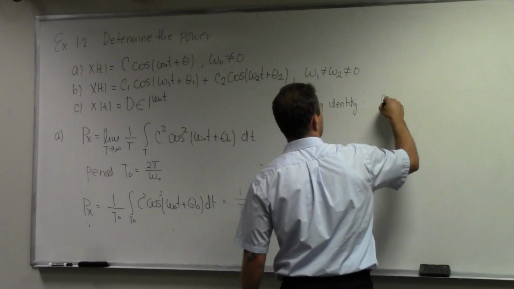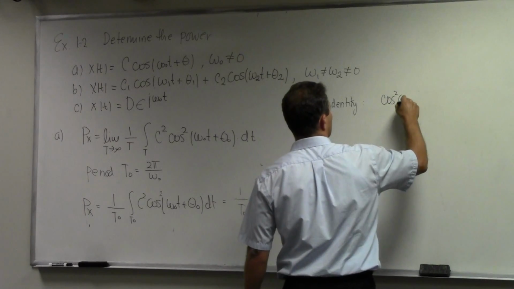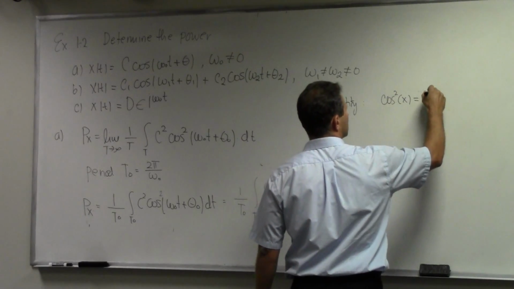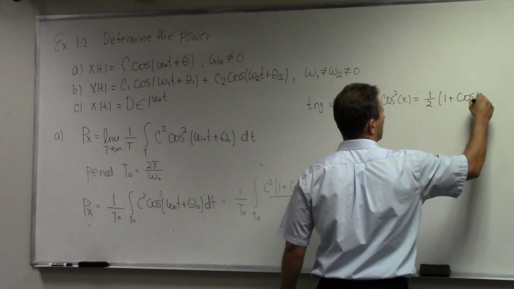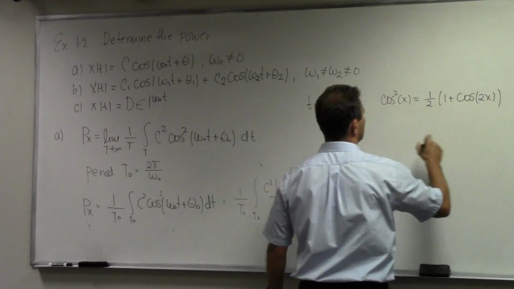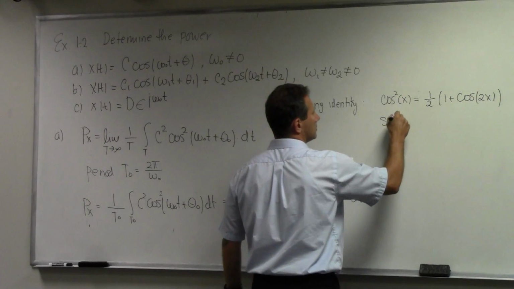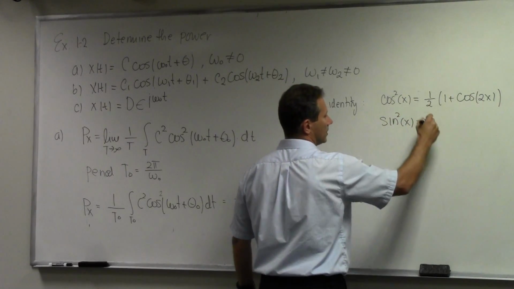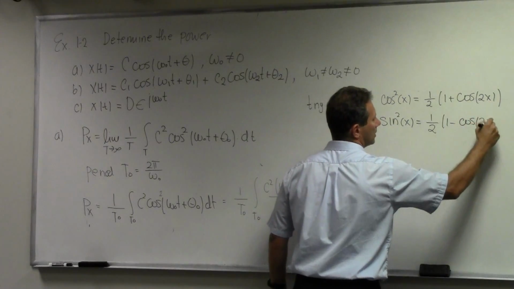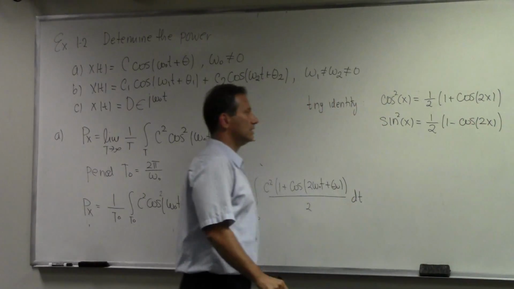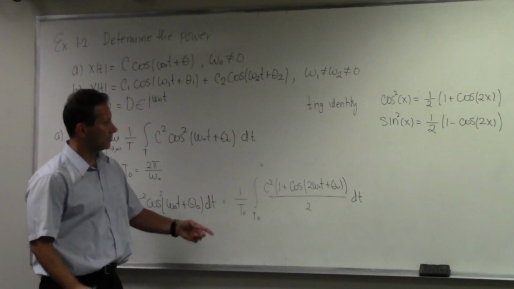We're going to use these quite a bit in this course and other courses: cosine squared of x is 1 over 2, 1 plus cosine of 2x. And sine squared of x is 1/2, 1 minus cosine 2x. These are the two trig identities that we're going to use quite a bit.